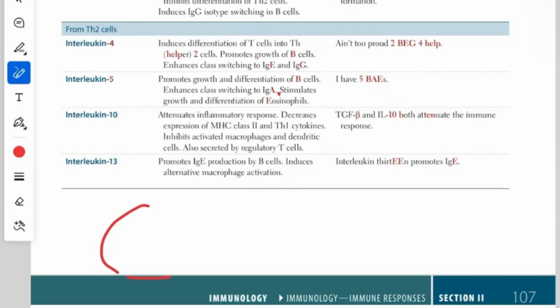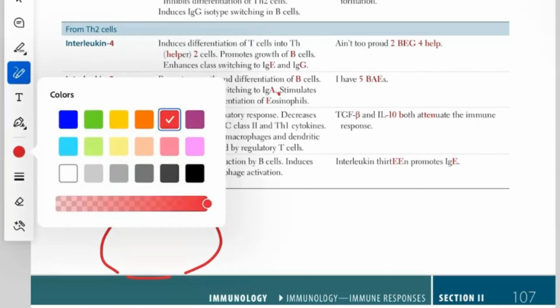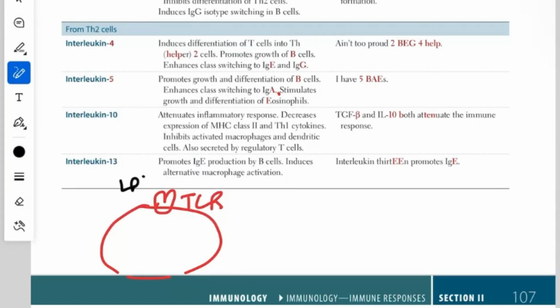So this is your macrophage, okay? It has the toll-like receptor here, all right? So once your LPS binds to it, this receptor becomes stimulated. Once it becomes stimulated, it will now activate NF-kappa B, all right?